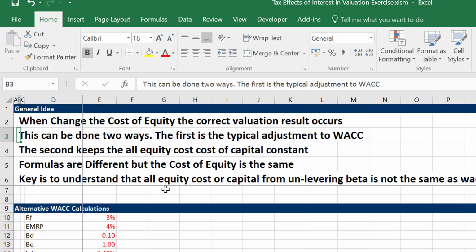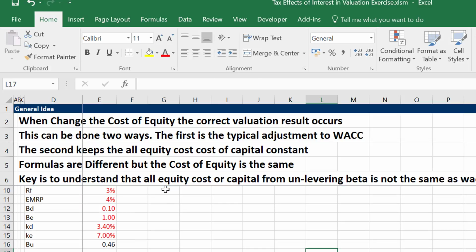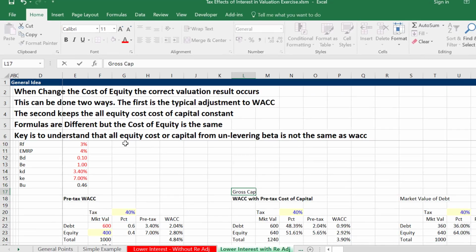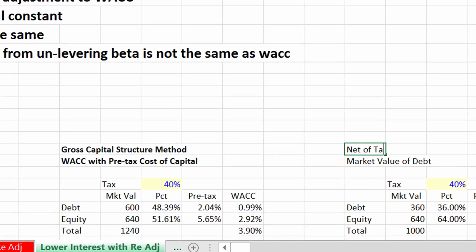We can use our typical WACC calculation, or this, where I put, so again, this is our control B, our pre-tax WACC, and this is with the gross capital structure method. You'll see why in the next thing. Okay, and then this is going to be our net capital structure, net of tax capital.